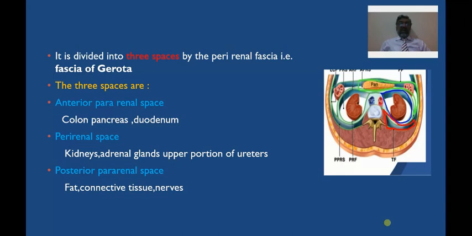The three spaces are: the anterior pararenal space, which contains colon, pancreas, duodenum. The second space is the perirenal space, which contains kidneys, adrenal glands, and the upper portion of the ureters. The third space is the posterior pararenal space, which contains fat, connective tissue, and nerves.